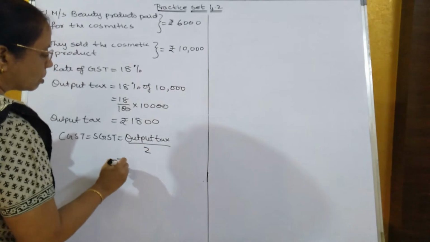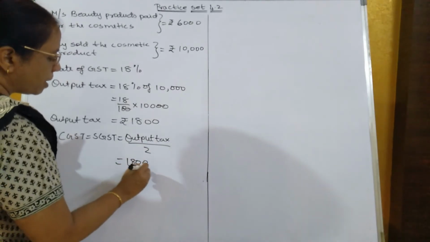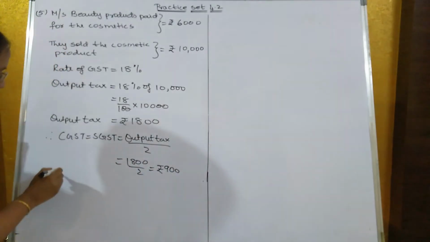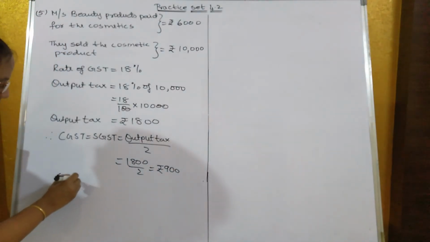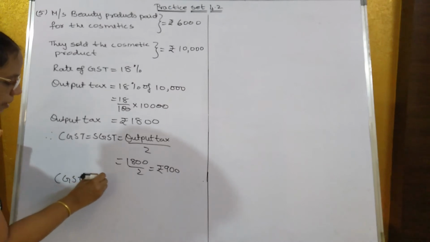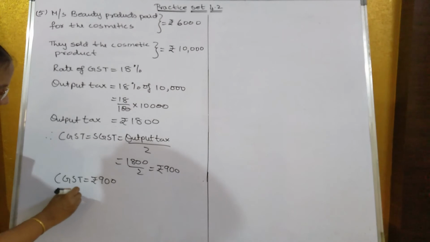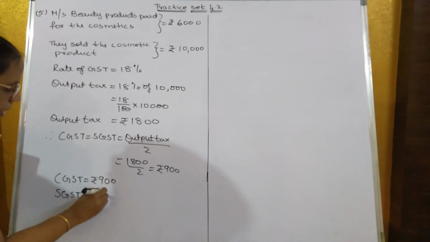So that's equal to 1800 divided by 2. That's equal to rupees 900. So CGST is equal to rupees 900 and SGST is also equal to rupees 900.